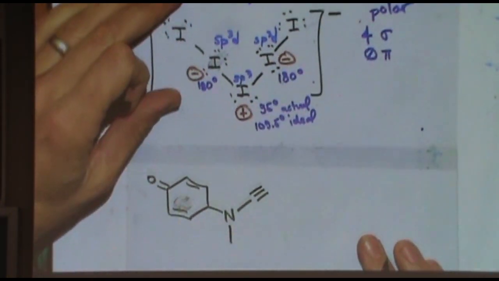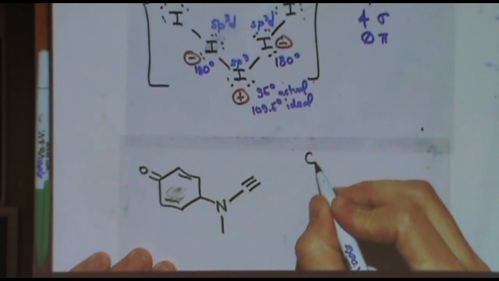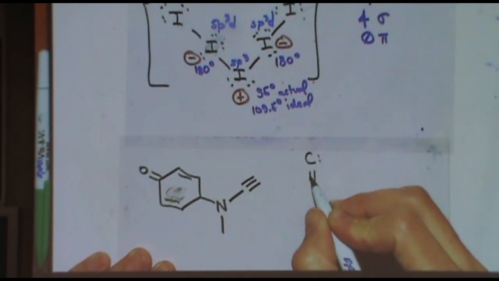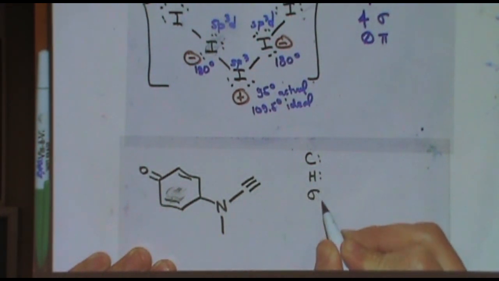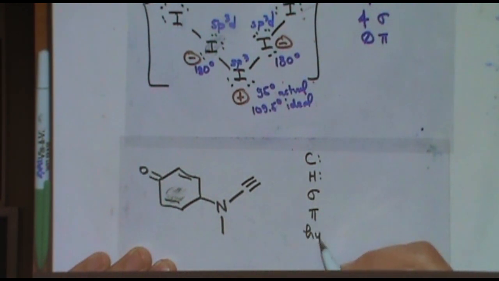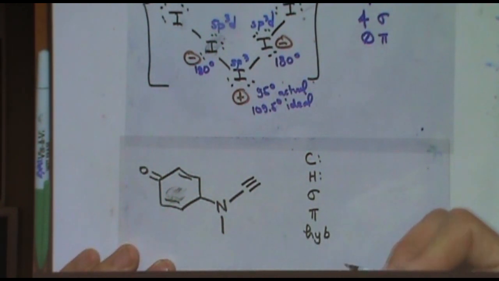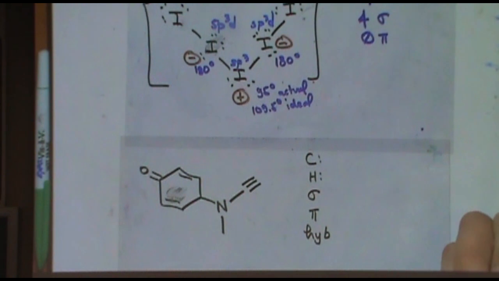There we go. I want you to count the number of carbon atoms, hydrogen atoms, sigma bonds, pi bonds, and then we'll do the hybridization on each central atom. You want me to give you a 30-second head start? Feel free to work with a partner or keep going once I get started on it. I have to count too because I just made this up.